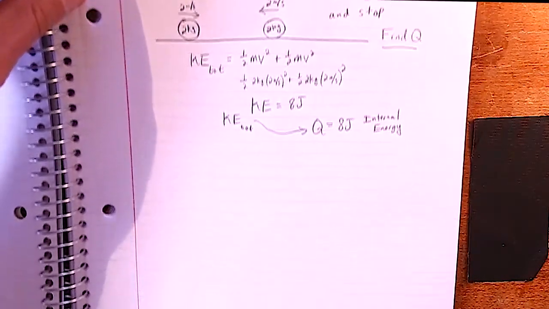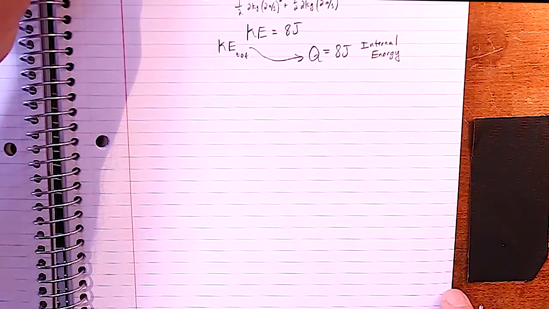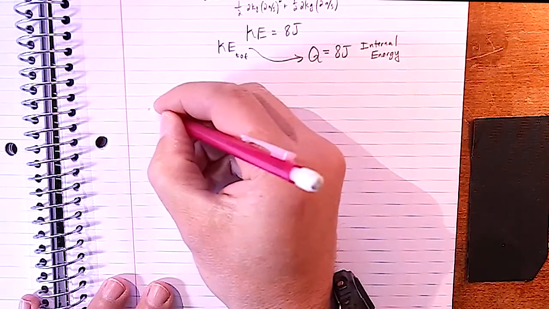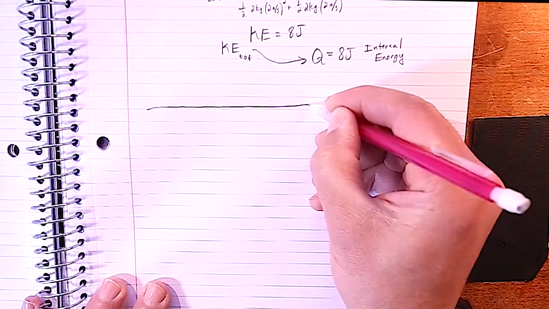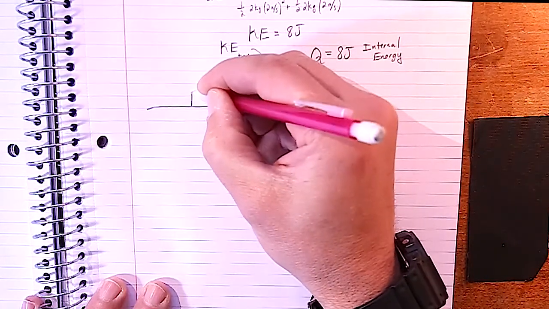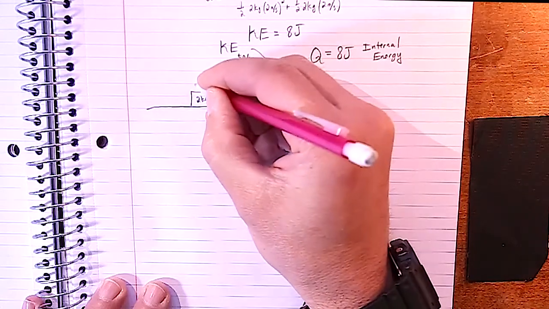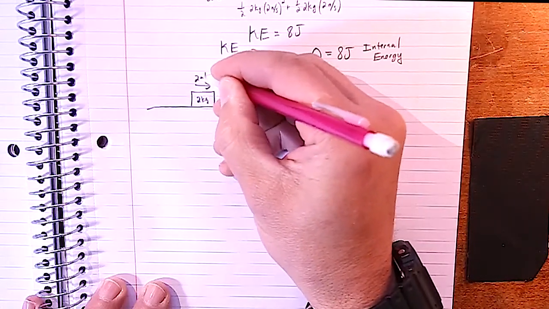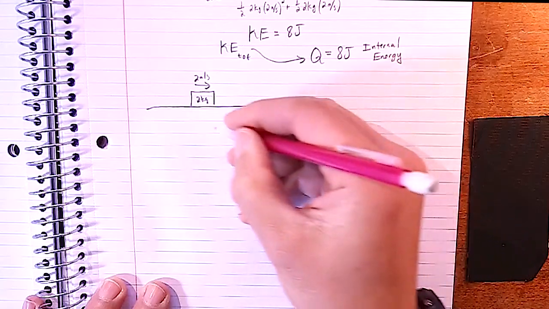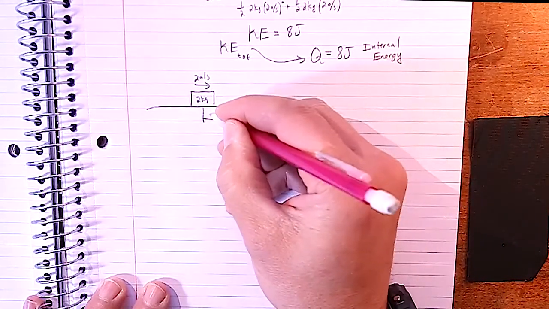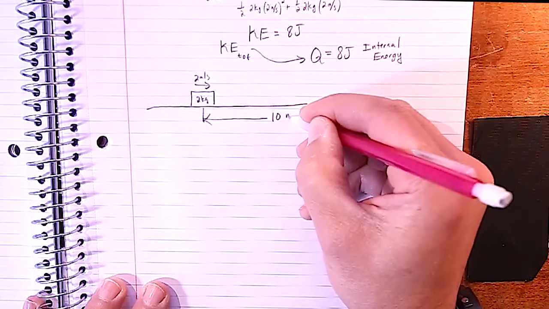The other way that we can produce heat is with kinetic friction. So if we have a block, and let's say that the block is moving along, it's a 2 kilogram block, and it's moving along at 2 meters per second. Let's say it slides to rest over a distance of 10 meters.